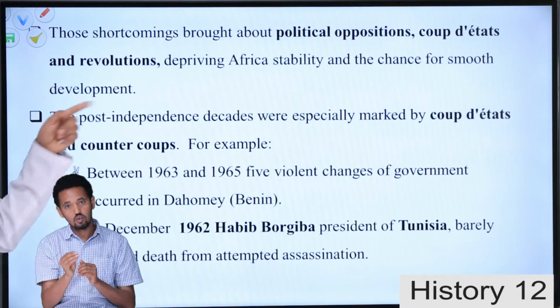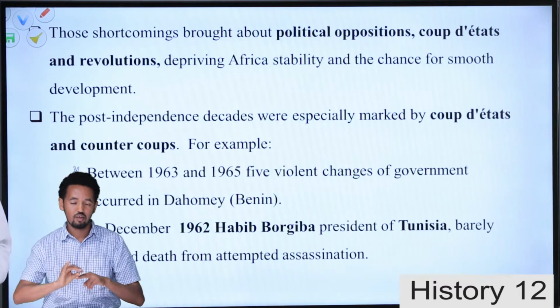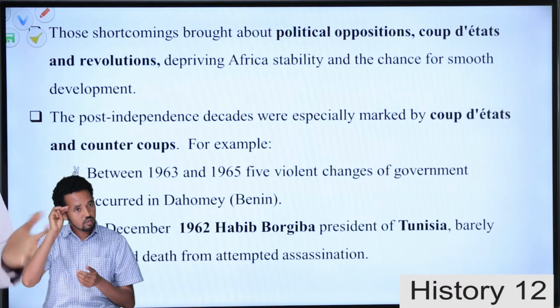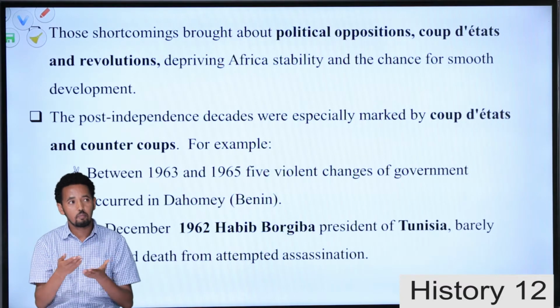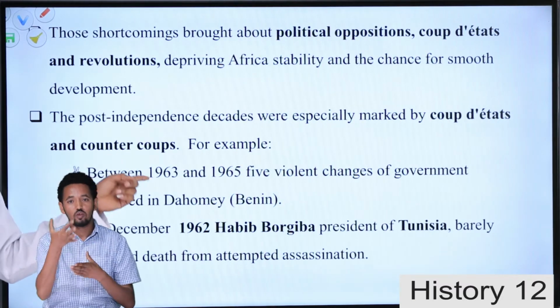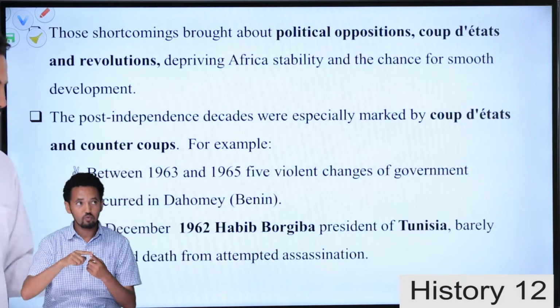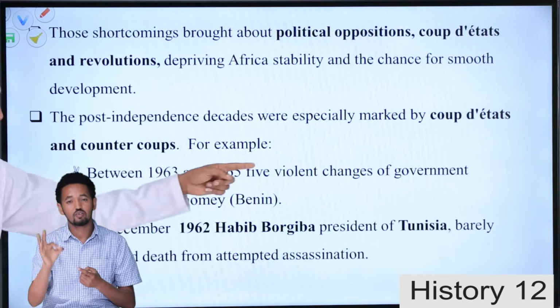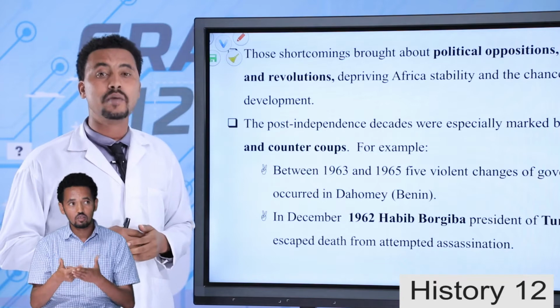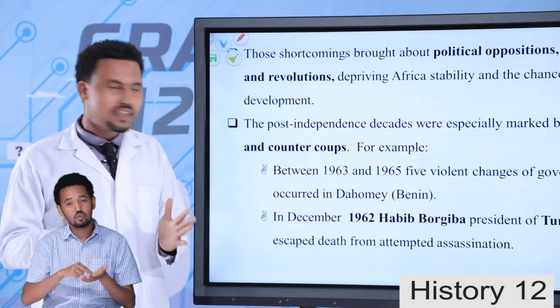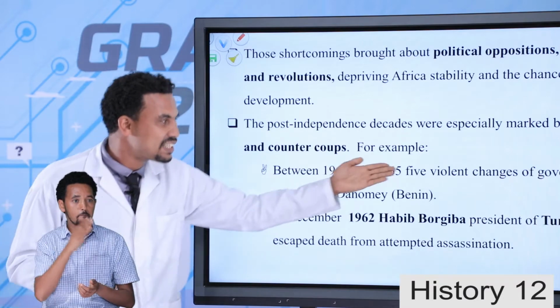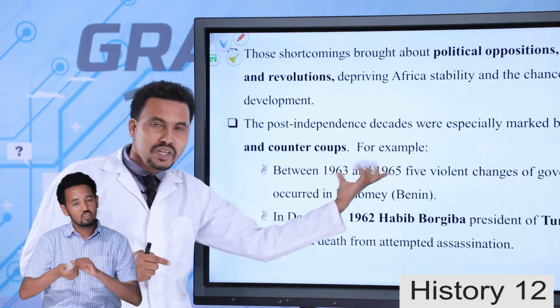The post-independence decade was especially marked by coups d'etat and counter-coups. For example, between 1963 and 1965, five violent changes of government occurred in Dahomey. Dahomey is nowadays Benin. In Benin, there were five violent changes in two years.